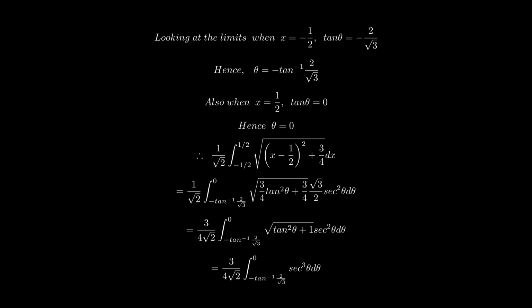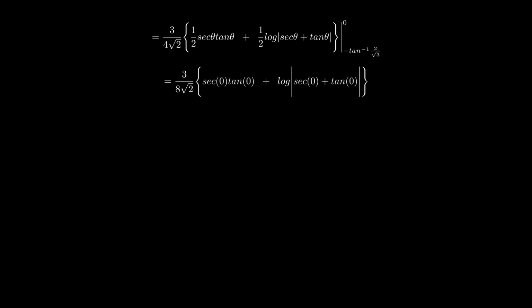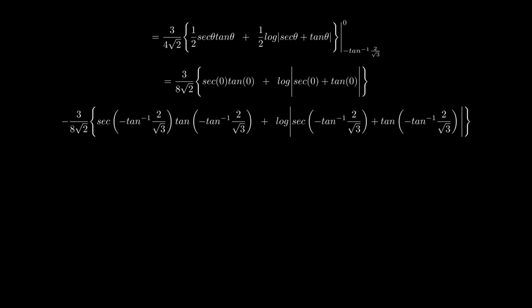And doing the same, applying the limits, also results into 3 over 4 root 2, and then pulling the half out results in 3 over 8 root 2 times sec 0 tan 0, logarithm of sec 0 plus tan 0. Sec 0 is 1, tan 0 is 0, and log of 1 is 0.